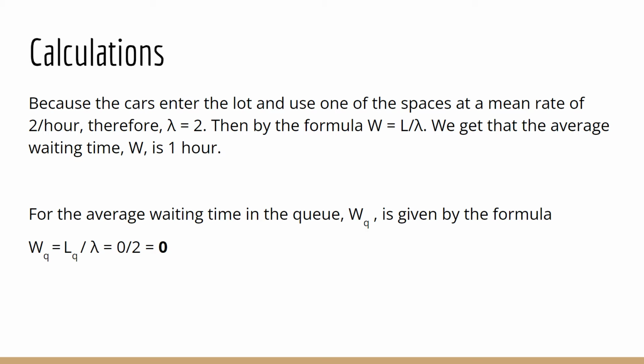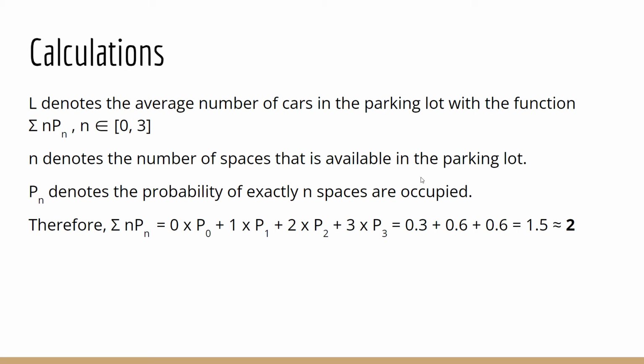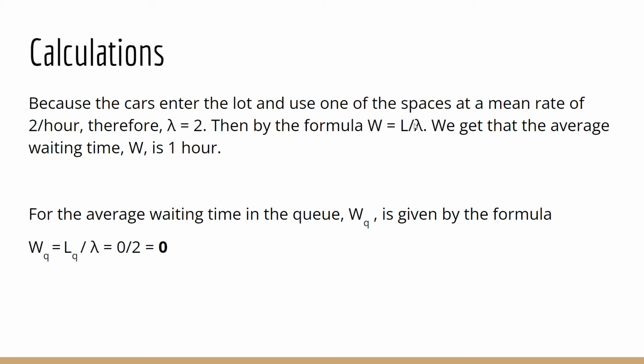The third one is W, and because the cars enter the lot and use one of the spaces at a mean rate of 2 cars per hour, the lambda is 2. Then by the formula, W equals L divided by lambda, we get the average waiting time W is 1 hour, because the L we calculated before is 2, so 2 divided by 2 is 1 hour.